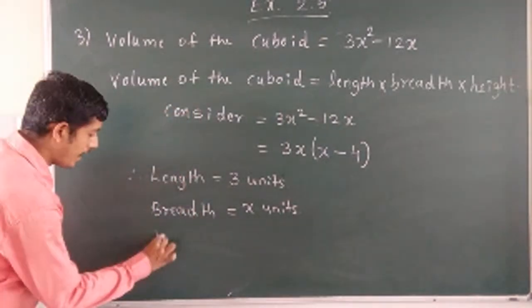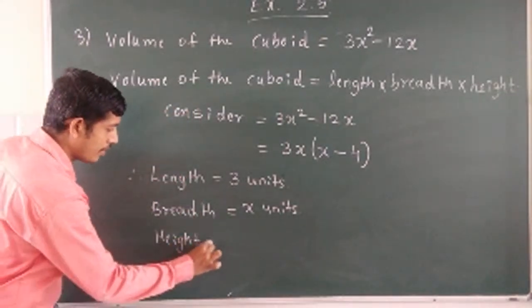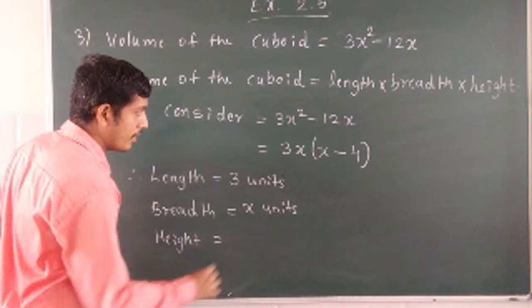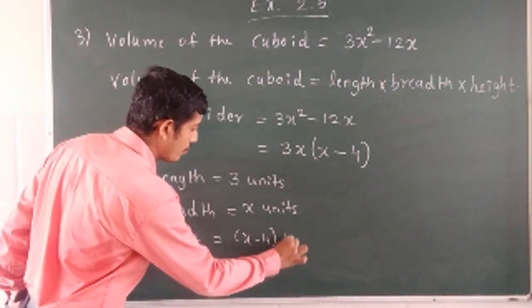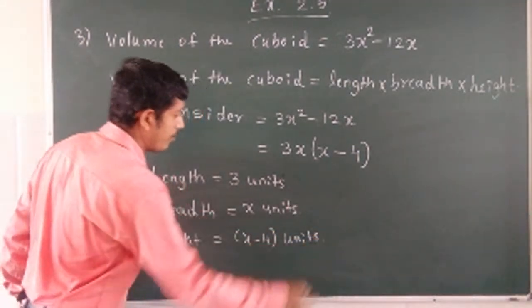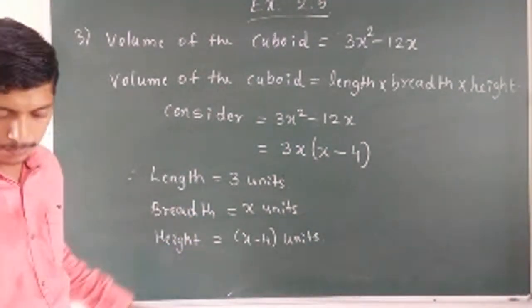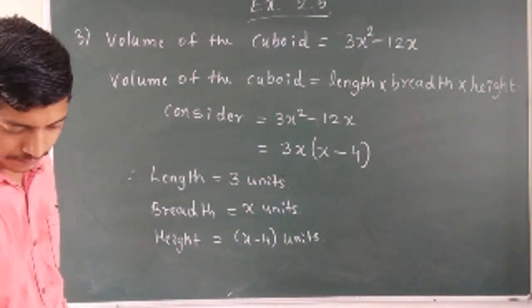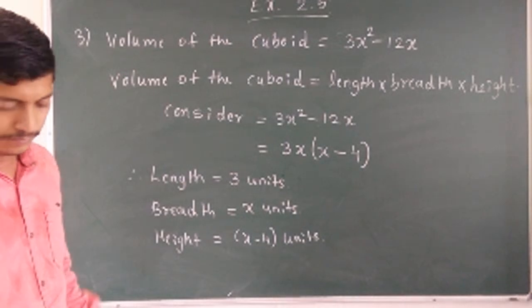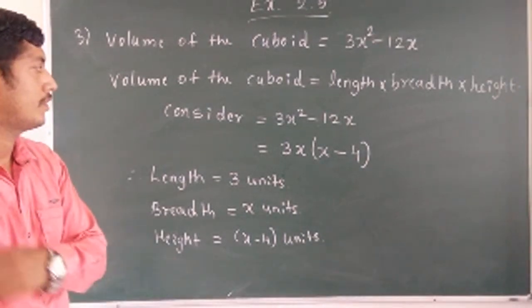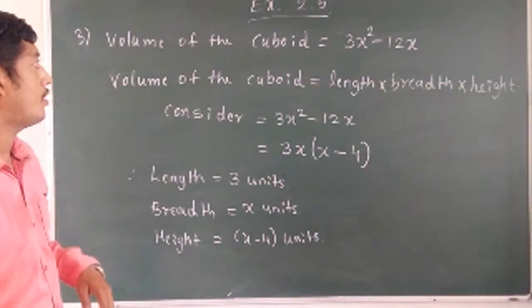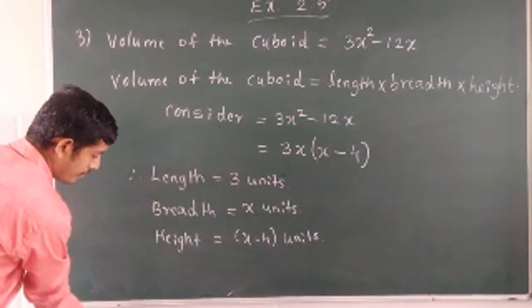And the third one, height of the cuboid, that is equal to x minus 4 units. x minus 4. Just look at the steps. Okay, very simple one. Now I'll solve another one.